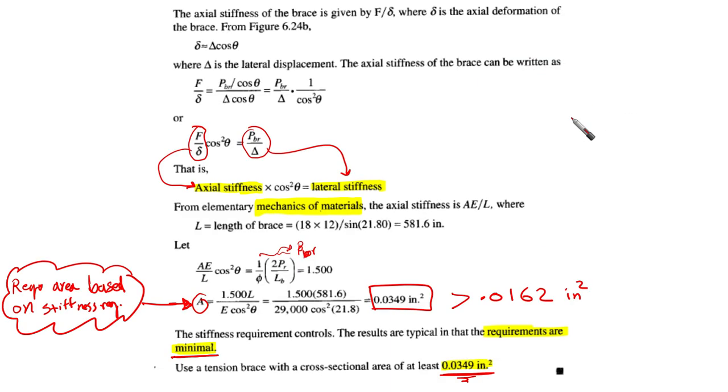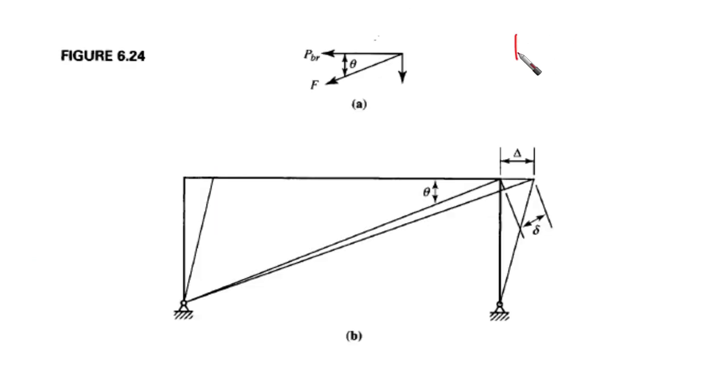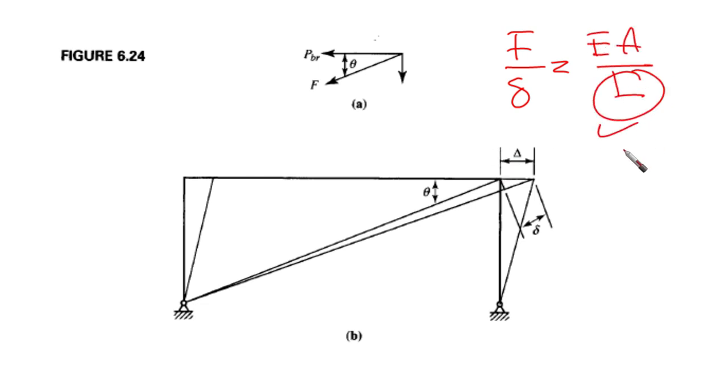So F over delta equals EA over L. We know L, we know the Young's modulus of the cross section, and F is known to us, because this is the force that is going to be developed in the member itself.